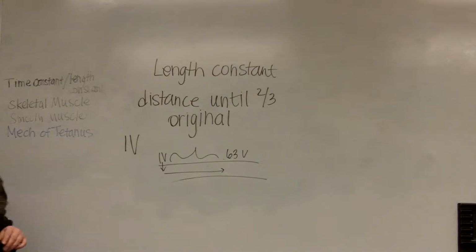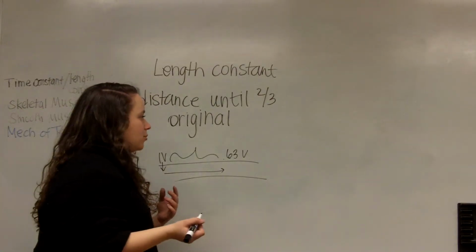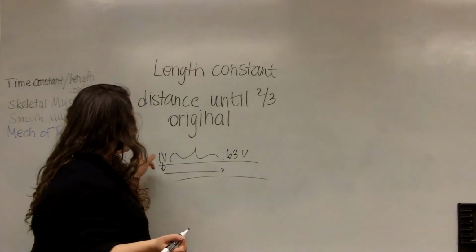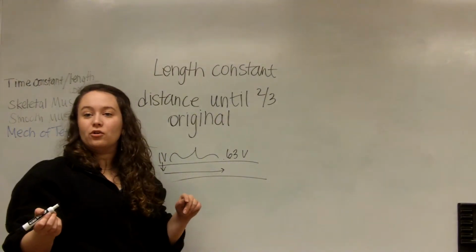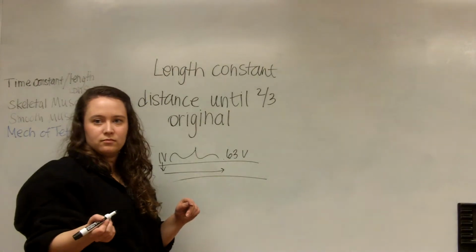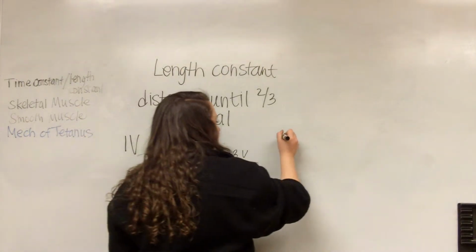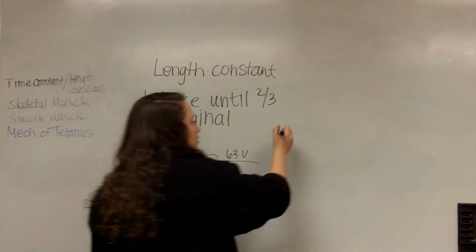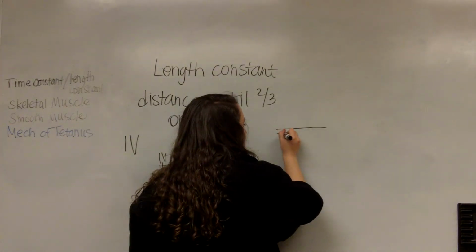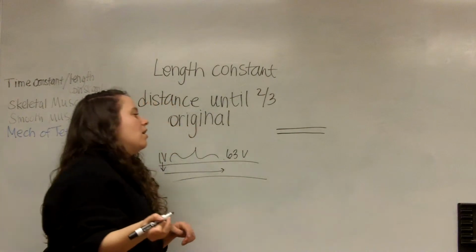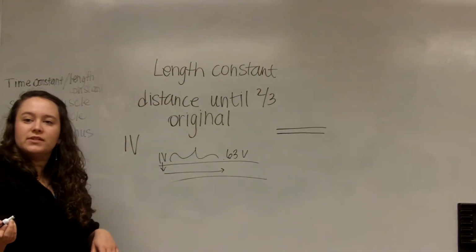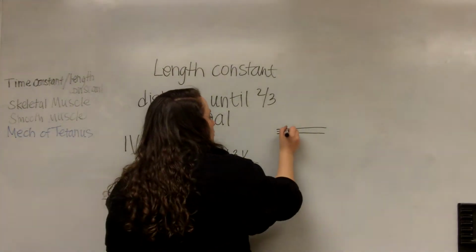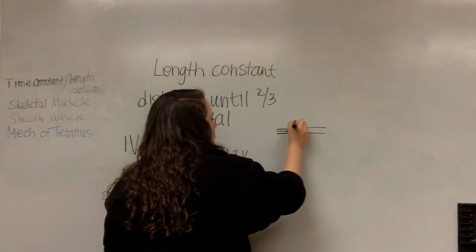Gotcha. Okay, and so the way that that's applicable is that your length constant depends on internal resistance. So this is dealing mainly with the size of neurons. If you have a really skinny axon, then there's going to be a lot of internal resistance. When there's a lot of internal resistance, you're not going to get as far before you dissipate.